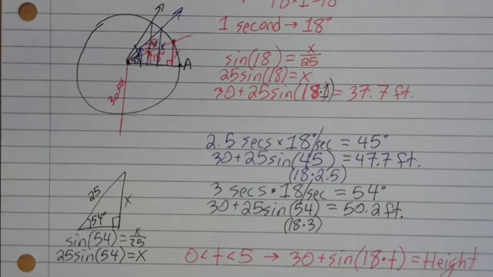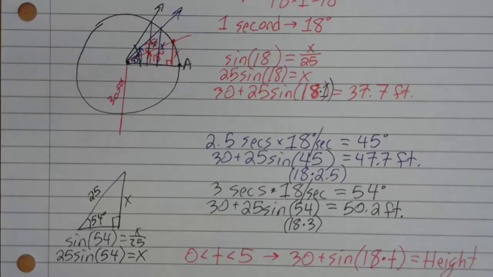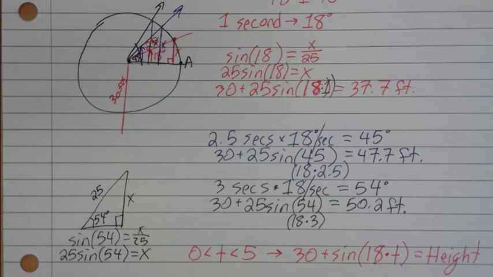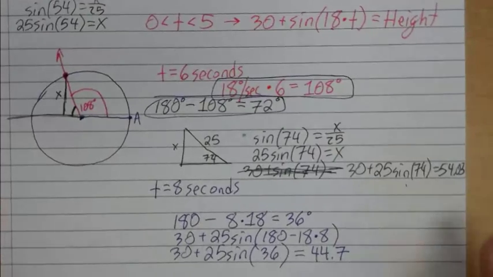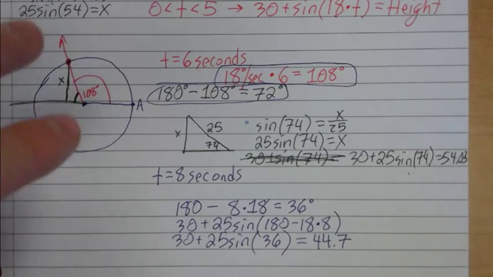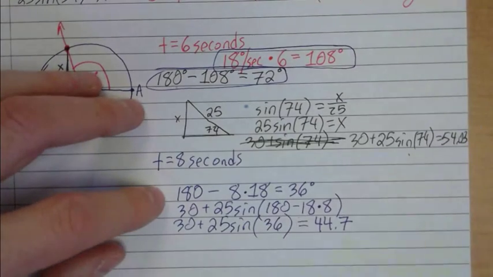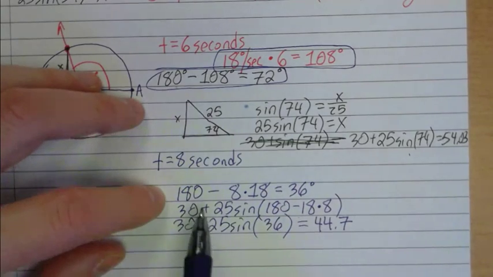For the first quadrant, we did 30 plus 25 sine, and then 18 times t. And then after that, we did our second quadrant, which we are doing here. We did 180 minus that.